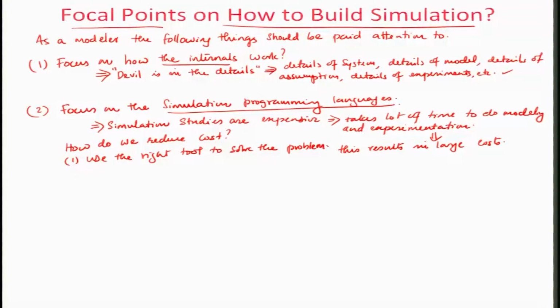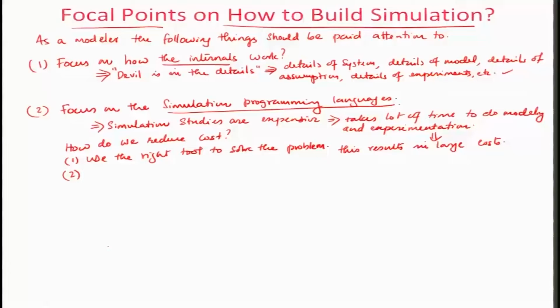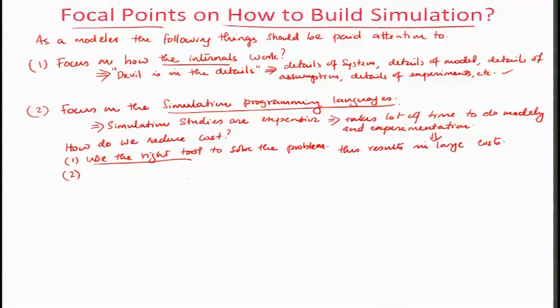For studying a simple facility like a bank, you would rather not build a custom simulation; you would use a readily available simulation package. But if you are trying to study the launch of a nuclear bomb, then you would probably end up building a custom model. If you have the right tool to solve the problem, that will reduce the cost.